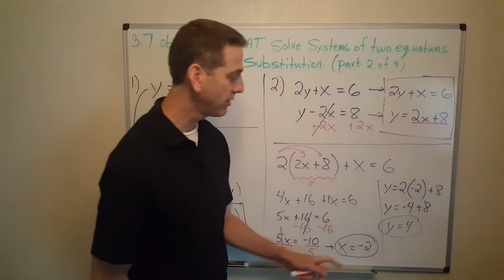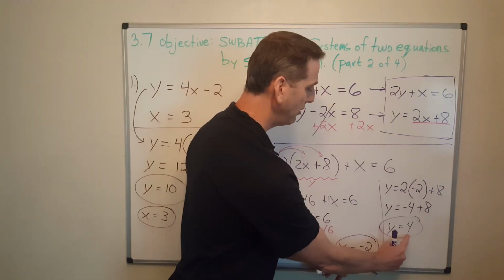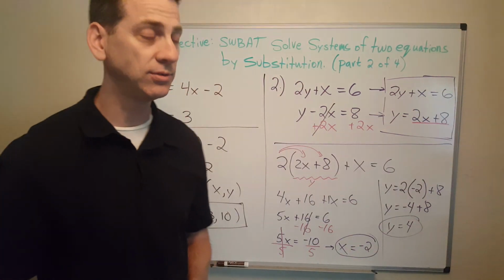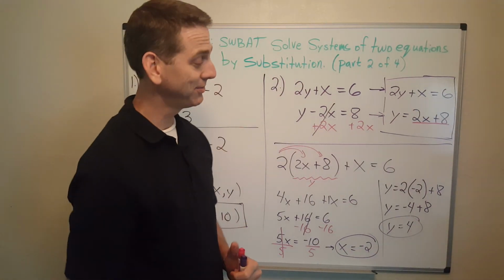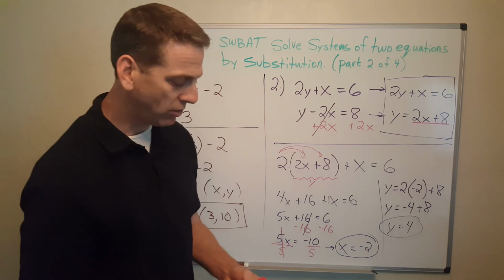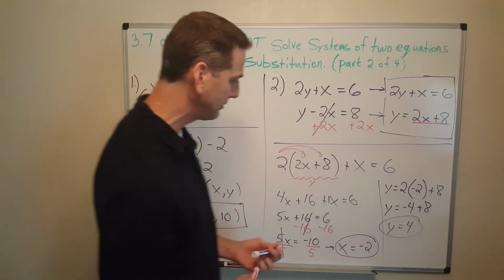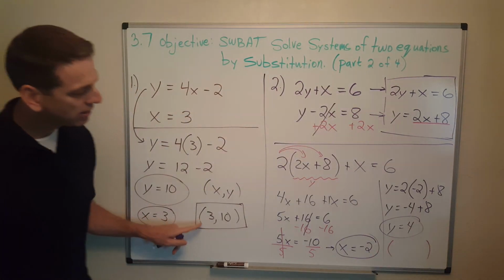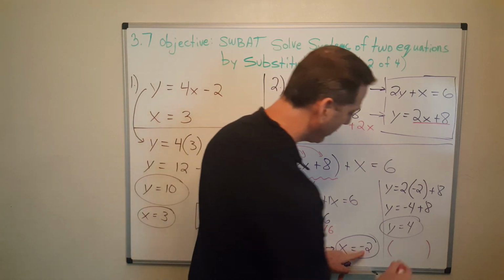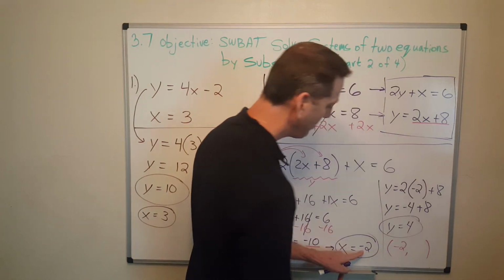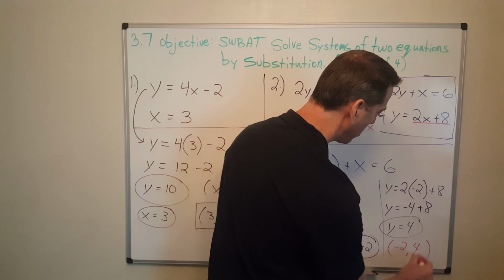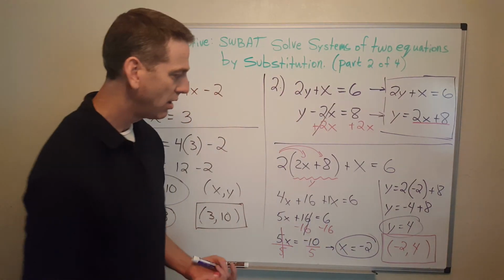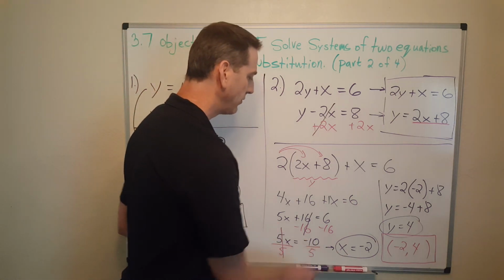By the way, you can check this system. You can substitute these numbers back into these two equations and you should get true answers if they're the correct answers. All right, so now the only thing that's left is for me to write this as an ordered pair. Just like I did over here. So my x coordinate is negative 2 and my y coordinate is 4. And there's my solution to this system of equations.